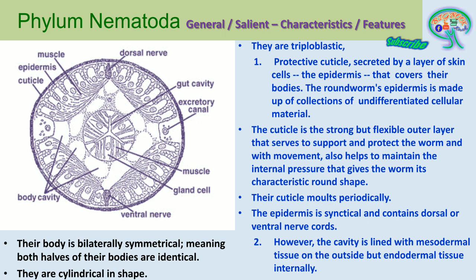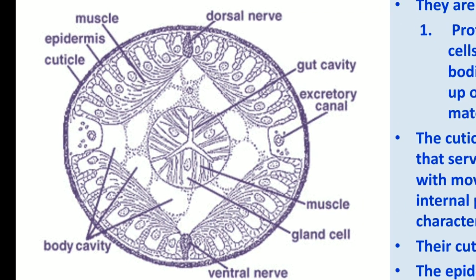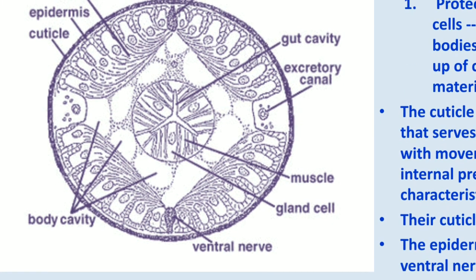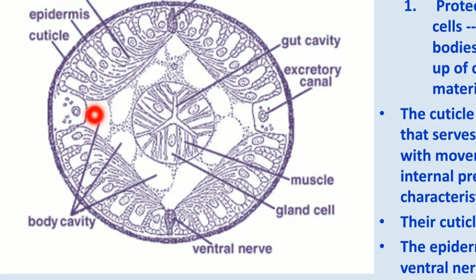Now here within this diagram you can observe the cross section of the nematode. Here you can see the epidermis, which has been marked just below the cuticle. The cuticle is the thicker outer layer, the epidermis is the thinner inner layer. And what you are observing here are the cavities, that is, this free space present within the body.